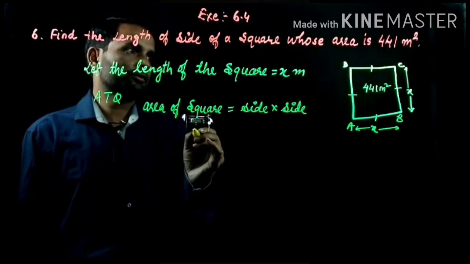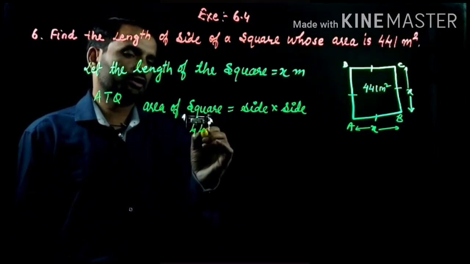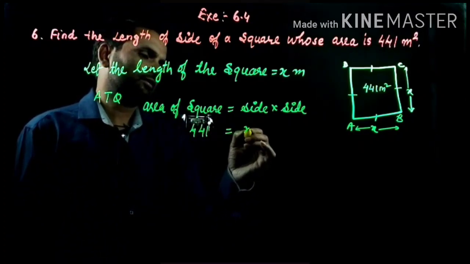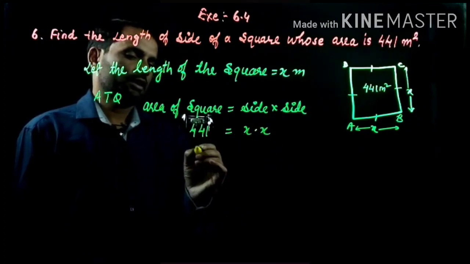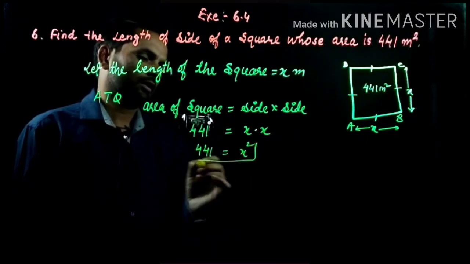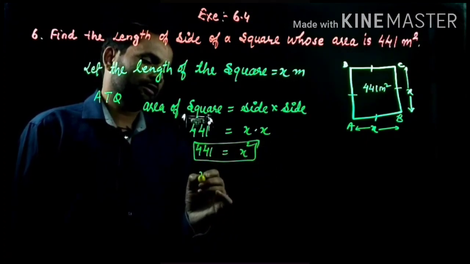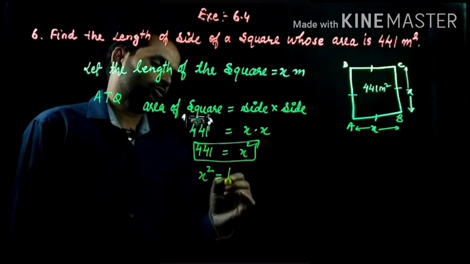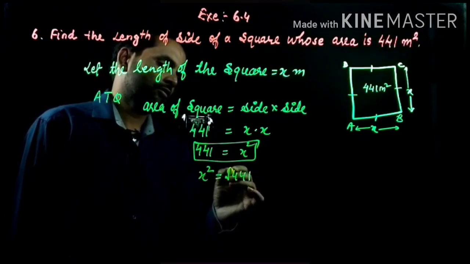It means the area of the square is given as 441 and the side is x into x, so 441 is equal to x square. Okay, it means x square is equal to 441, so x is the root of 441.